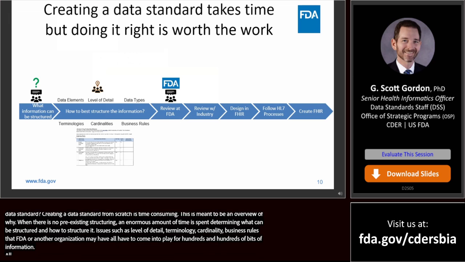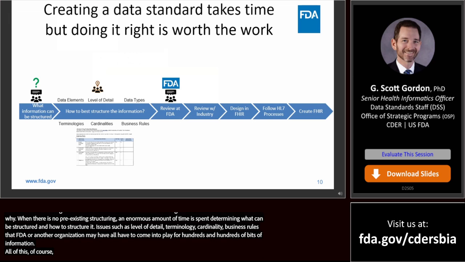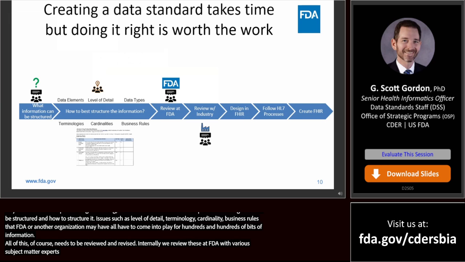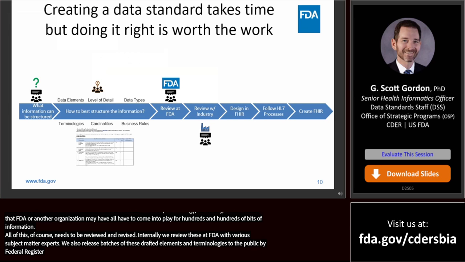All of this, of course, needs to be reviewed and revised. Internally, we review these at FDA with our various center subject matter experts. We've also, and I'll get into this more in a moment, released batches of these drafted elements and terminologies to the public by Federal Register notice to get industry comment. And that also leads to revisions where deemed necessary.